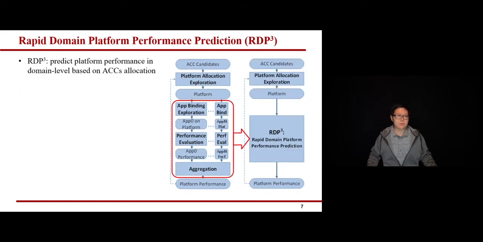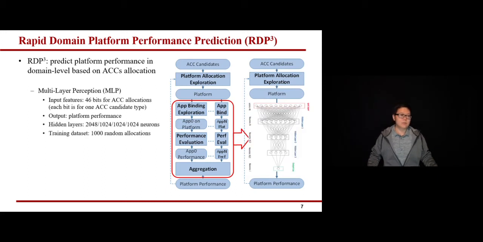To solve this bottleneck, we introduce rapid domain platform performance prediction, RDP-Cube, to predict platform performance at the domain level based on the accelerator allocations. After using RDP-Cube, we can avoid the complex application binding exploration, the application performance evaluation, and the multiple application performance aggregation, which can tremendously save time.